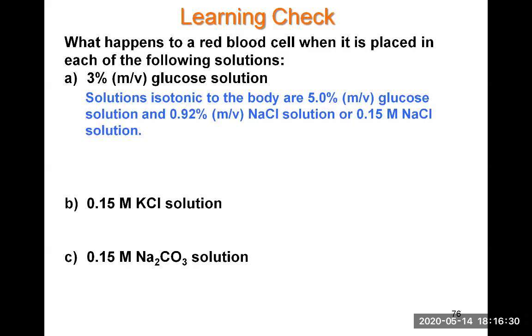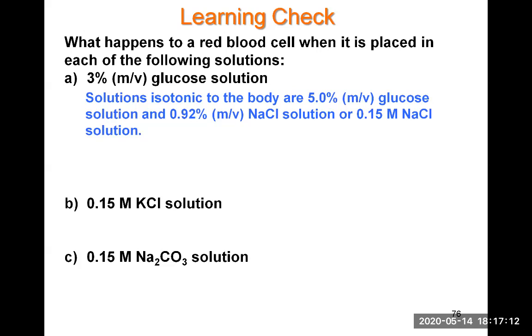So you will want to take the intracellular fluid of your red blood cell as a 5% mass per volume glucose solution, so that you can compare to the 3% mass per volume glucose solution, right? So if you place that red blood cell into a 3% glucose solution, you see that the concentration is smaller on the outside of the cell than inside.